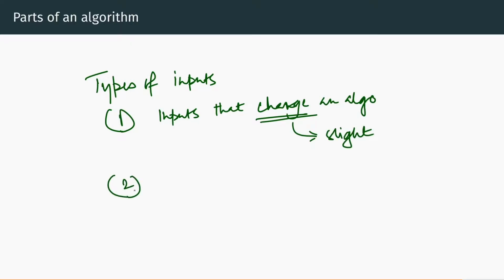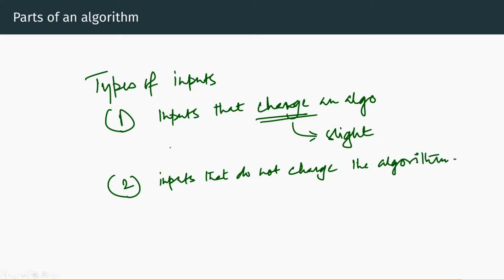The second one is inputs that do not change the algorithm. You can have an algorithm that takes both these types of inputs. So on some inputs it changes itself slightly, on other inputs it's completely agnostic. It does not care about the input whatsoever.